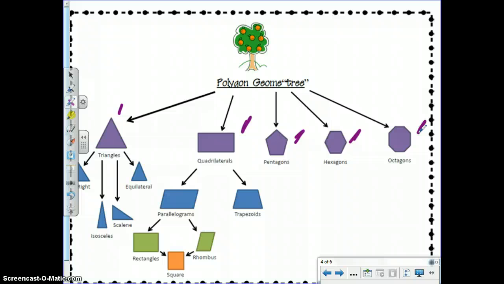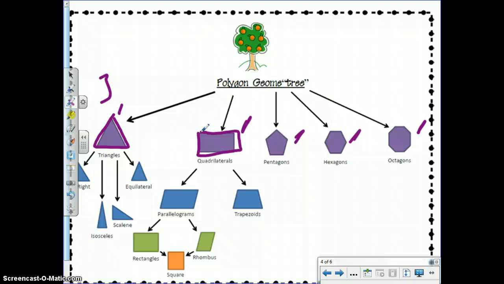A triangle is named after having 3 sides. 1, 2, 3. Then you have the quadrilateral, which has 4 sides. Again, they're named after the amount of sides they have and the amount of angles they have. And it's all going to be the same.